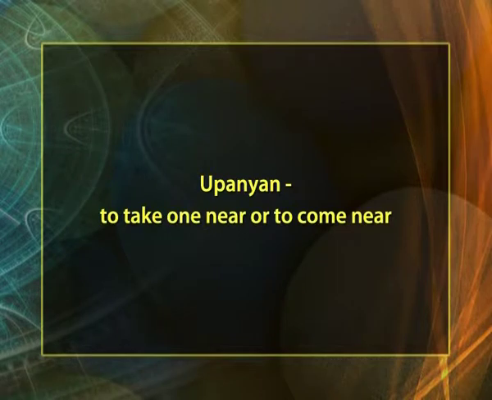It was not compulsory in the beginning for receiving formal education in the Gurukul, but later in the post-Vedic period, it became compulsory. Now, the etymological meaning of Upnayan is to take one near or to come near.